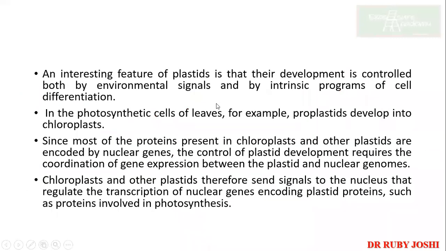Now, the interesting feature of plastids is that their development is controlled by environmental signals and the intrinsic programs of cell differentiation. So it means it is the requirement of your particular cell which decides, yes, right now I need chromoplast or leucoplast, okay? In the photosynthetic cells of leaves, proplastids develop into chloroplasts. Leaves have more surface area, and why do we need more chloroplasts?